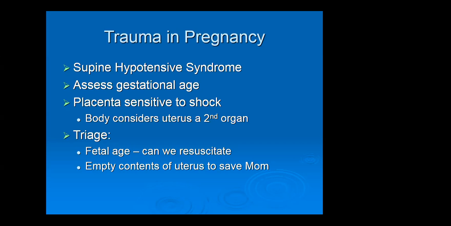We focus straight to mom, and the body, unfortunately, whether fetus is viable or not, will quickly, if it has to, empty the contents of the uterus to save mom.